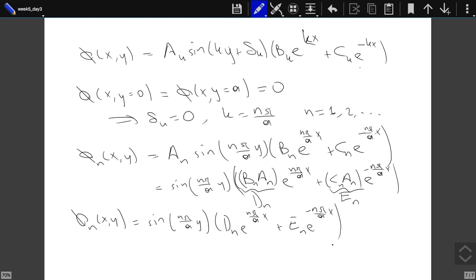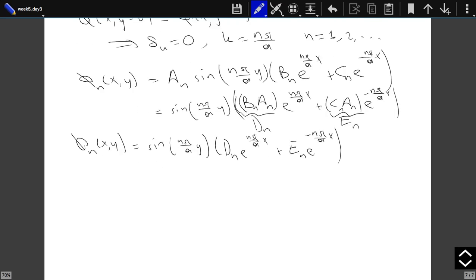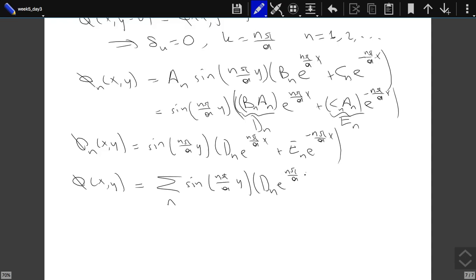But we can still take their superposition, and the remaining boundary conditions we can impose on this function.